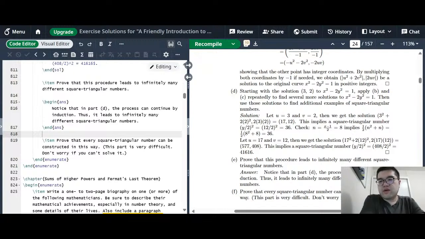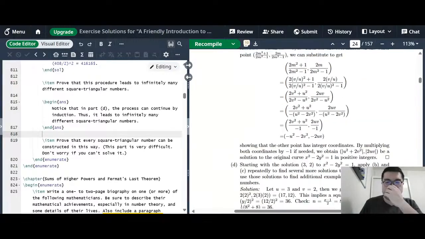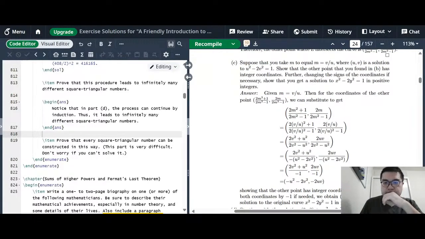Now, of course, we can try to analyze this part here. Not completely, but we can analyze the setup that we need for u and v, because we want u and v to be a solution to the curve, where the curve itself is the same as the curve that we start off with, where u and v are positive integers.